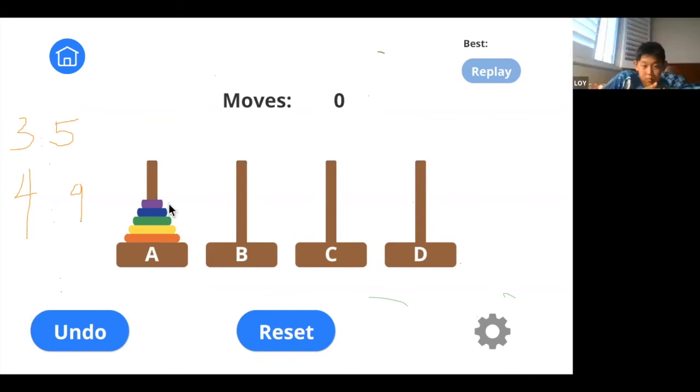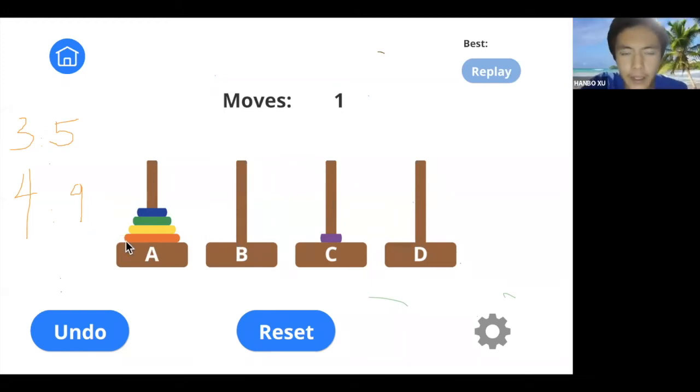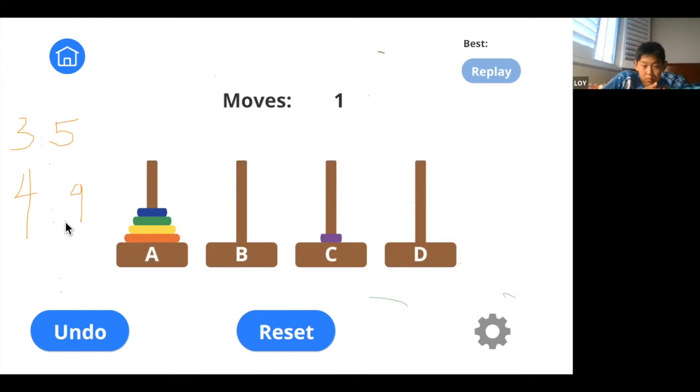The purple ring to C. The blue ring to D. Sorry, was that B or D?